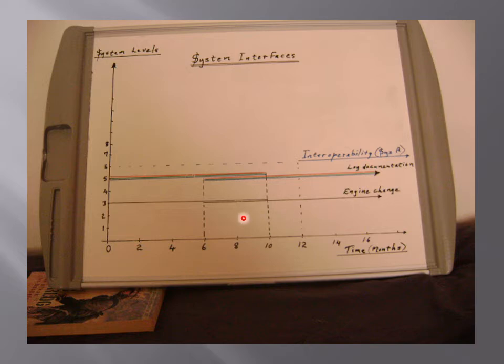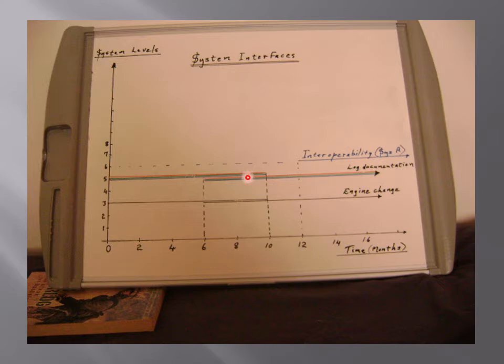Now what you see is between month 6 and month 10, you have a duplication of configuration of engines. Now this can be very risky and challenging. And at the same time, you actually notice that on level 5, where the logistic support is like log documentation and even tools, special tools, personnel and all that sort of thing, training, you also have a duplication of configuration.